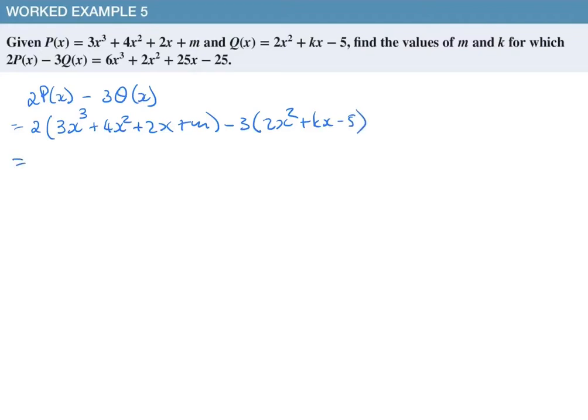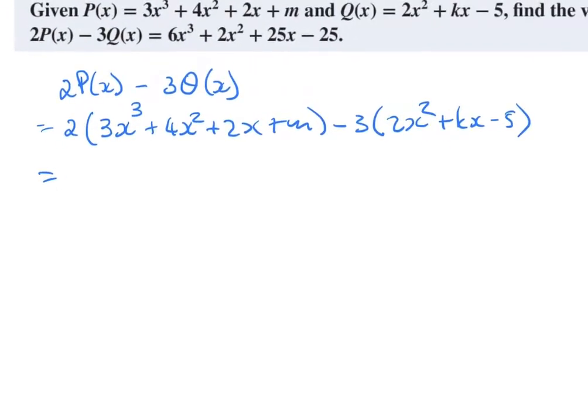I'm going to simplify that. To simplify that, I'm just going to enlarge it a little bit. What I'm going to do now is multiply this 2 into each one of those terms, so I'm just going to expand the bracket. That's going to give me 6x cubed plus 8x squared plus 4x plus 2m.